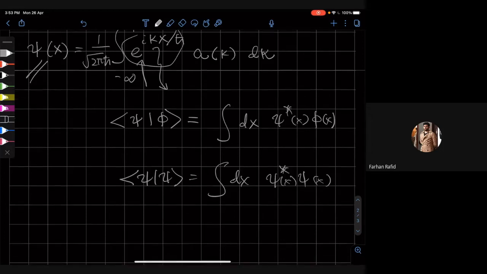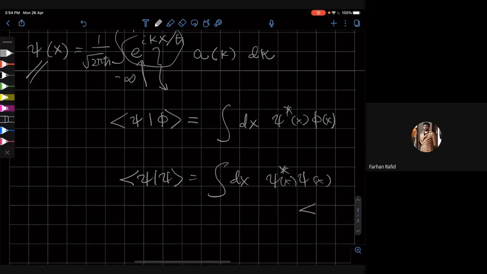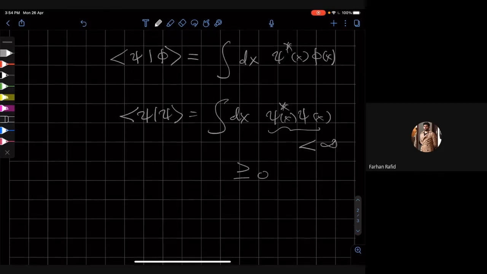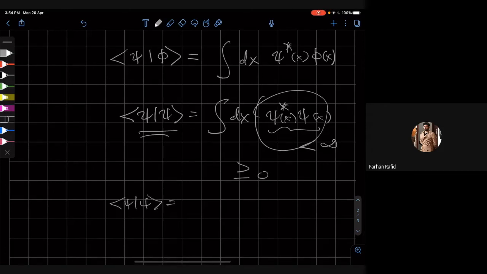And this is a positive number, as you can see. This has to be convergent, of course, less than infinity. But it also has to be equal to or greater than 0, which it is by inspection, because this is a positive definite quantity. And because it is a positive definite quantity, it's obvious that this is exactly 0 if and only if the function itself is just the trivial 0 function.